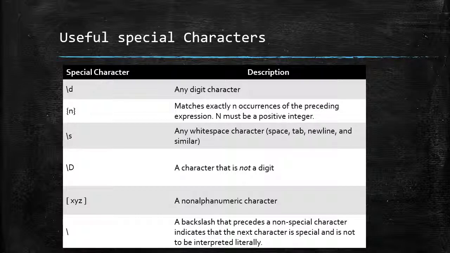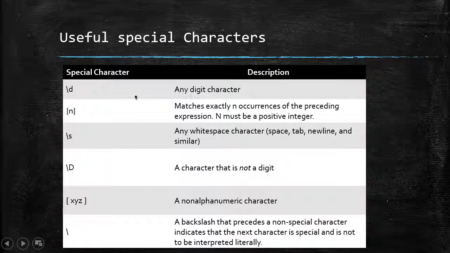So here we use a backslash, and that will say to the regex that D isn't just a character that we're looking for. It's a special character. Same case here with the N and with the brackets.